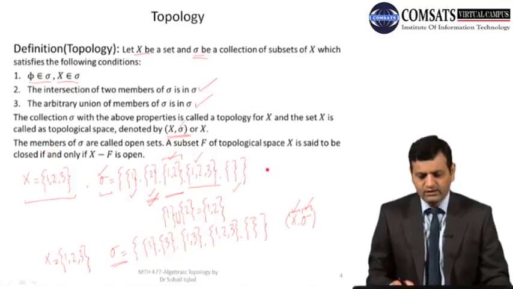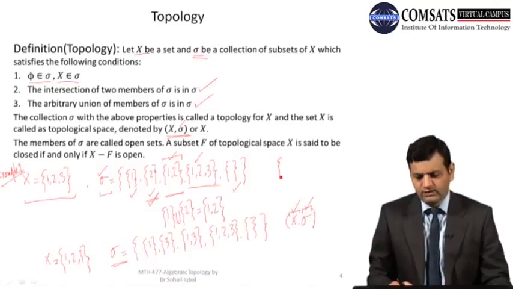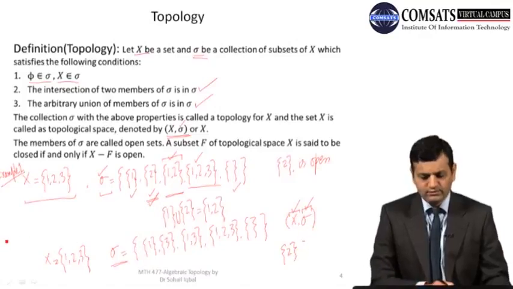For example, let's say this is our example number 1. In example number 1, {2} is open. So one open set is {2}, but we can see that {2} is no longer open in our second example.